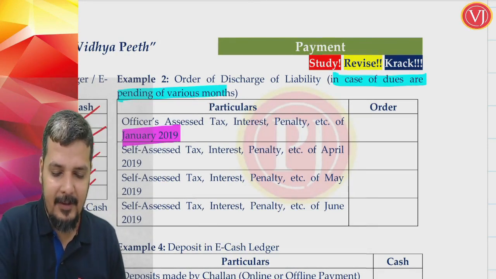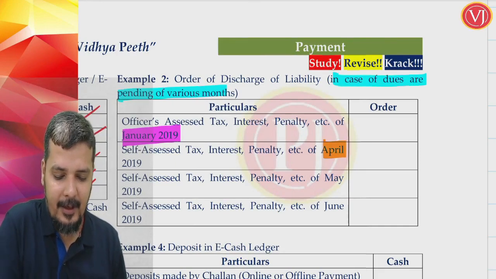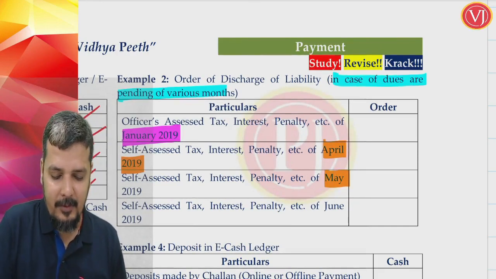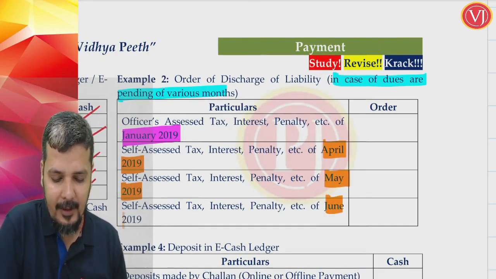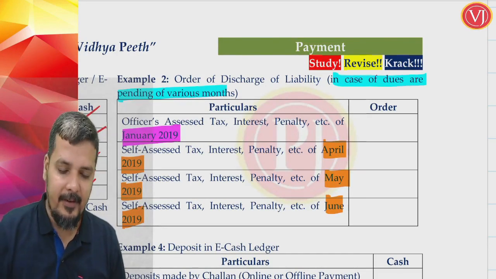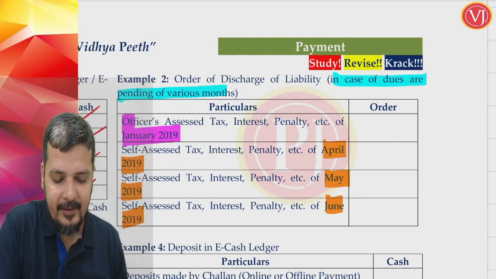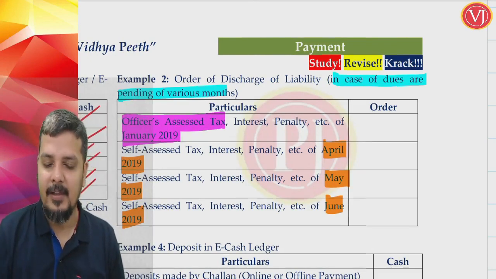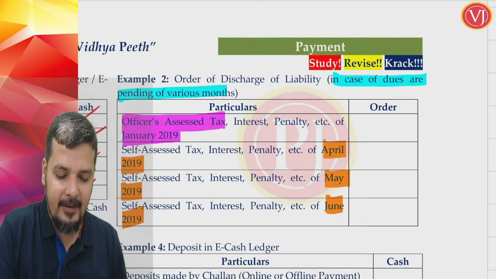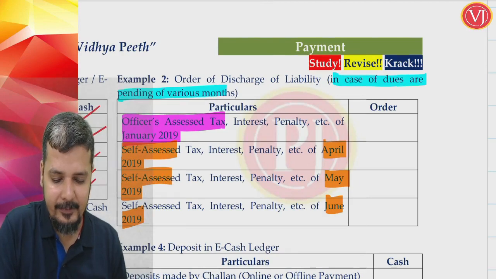There is another liability pending of, say, April 2019, then May 2019 and June 2019. The difference is that the first pending liability is an officer-assessed liability, and the other liabilities are self-assessed liabilities.